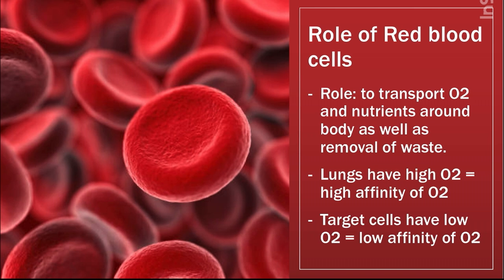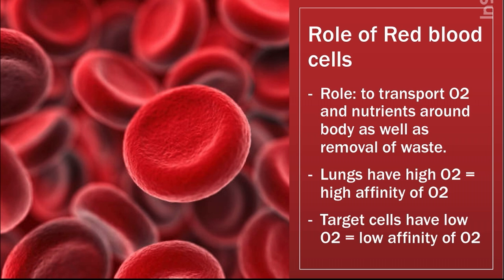Reaching those cells or organs that require the oxygen, the red blood cells enter conditions of low oxygen availability, as the target cells continuously use this oxygen. Because the hemoglobin reaches those conditions of low oxygen, it has a low affinity for that oxygen.